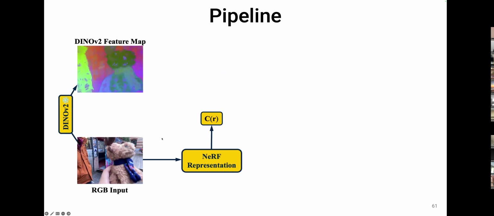With the RGB input, you can train a NeRF, so you have the NeRF representation and can get the color from it. On the other hand, you input the DINO features of the pixels into an uncertainty map, and output the uncertainty for each pixel, which is the alpha here. Wait, beta, sorry.